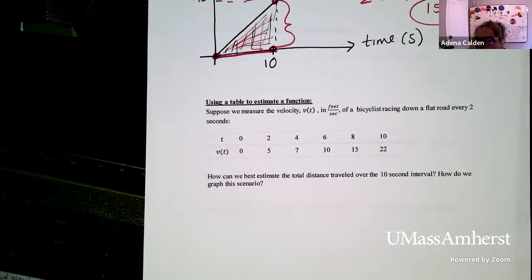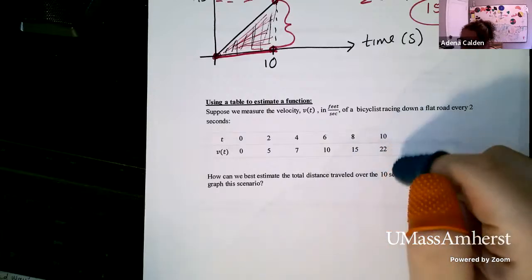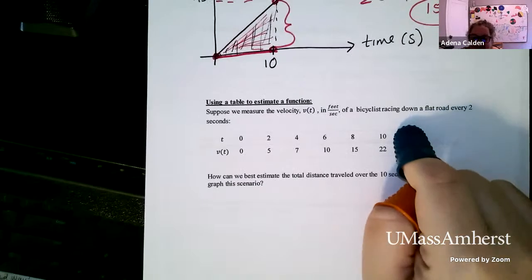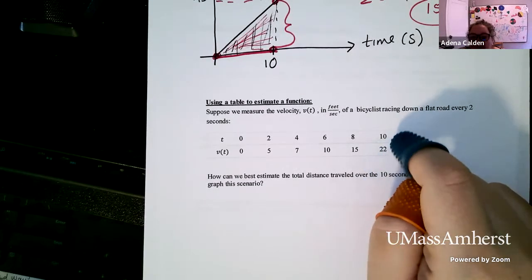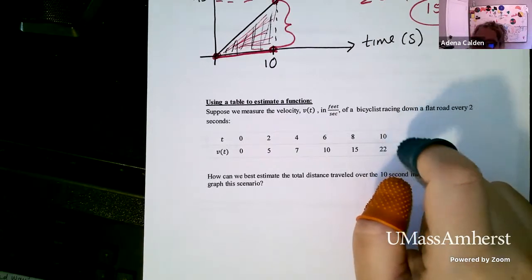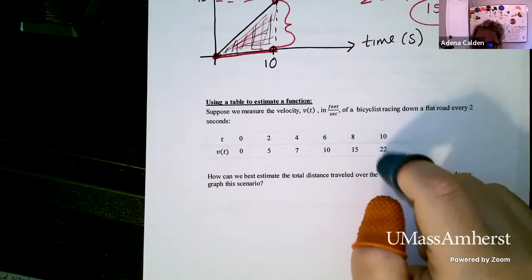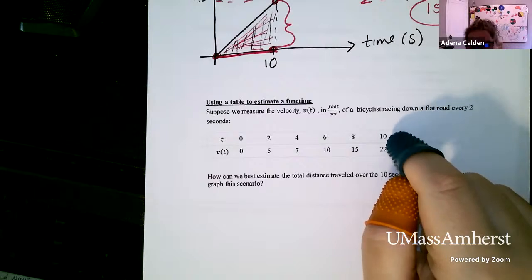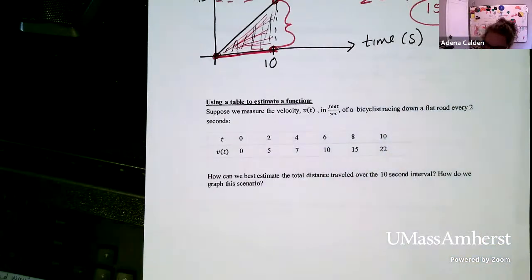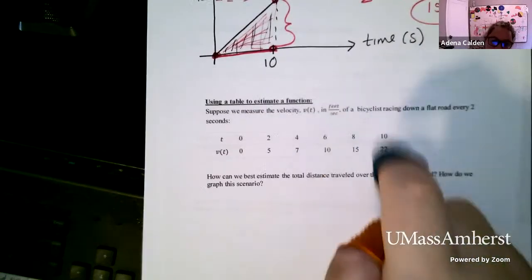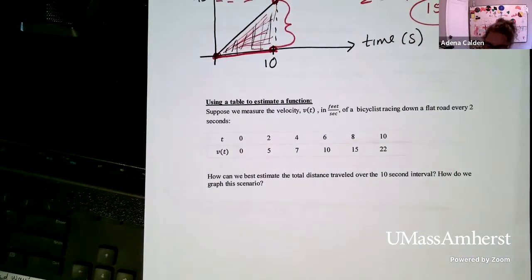But again, we have to think about what this represents. If we were to multiply 22 times 10, that would mean we were going 22 feet per second for 10 seconds. But that's not what this table says. This table says that at time equals 10, you are going 22 feet per second. So we can't just multiply each rate times each time.